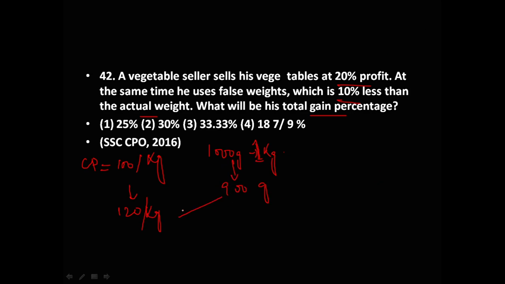So 900 gram is sold at 120. Fine. So how can we get the gain? We can get it if we get the selling price of the actual weight. So it is 120 into 1000 divided by 900. Clear?